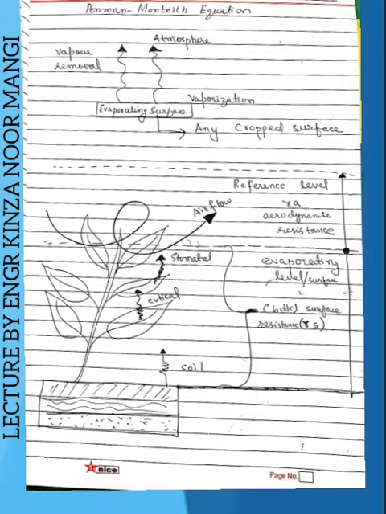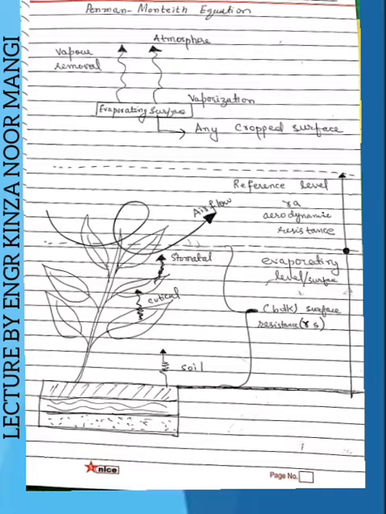Penman was not fully able to explain that equation or give the values of every variable. Monteith modified it by introducing some kinds of resistance offered by the crops and resistance offered by the air.